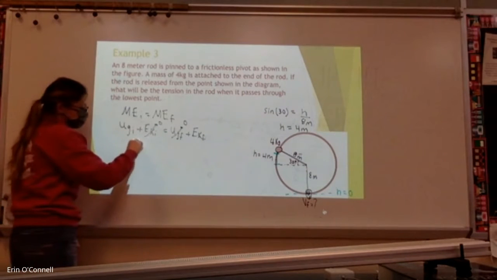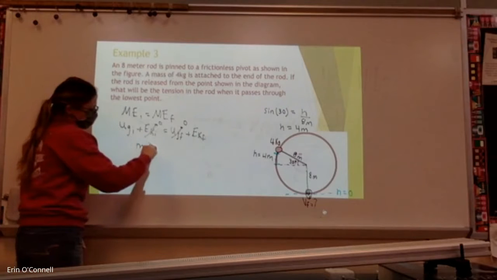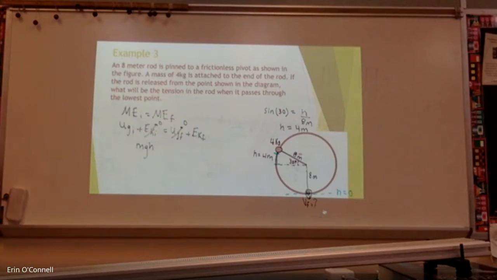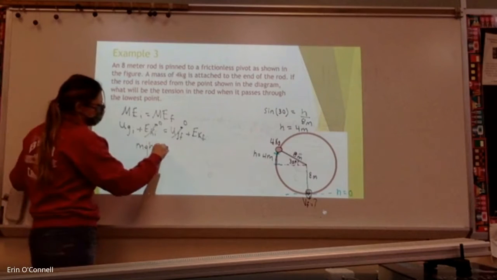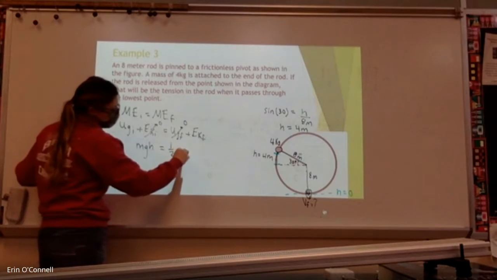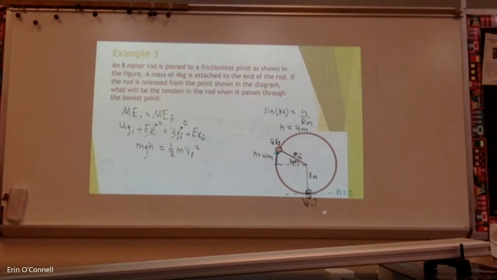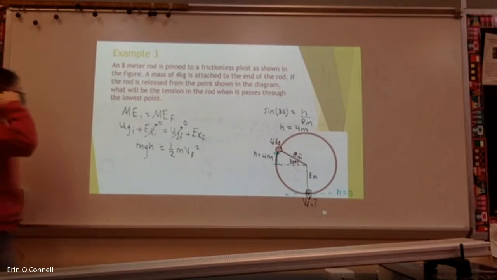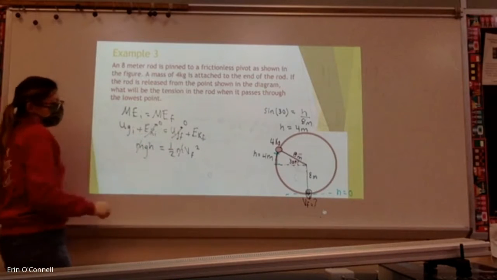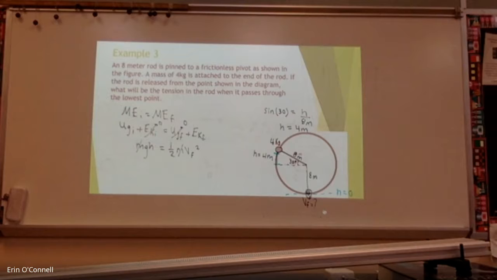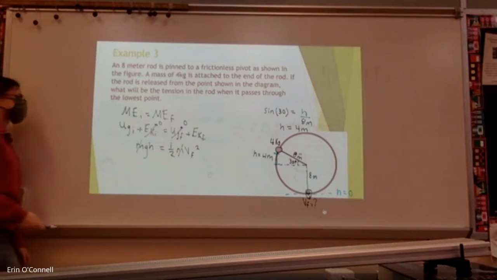So our initial potential energy, m times g times h, is going to be equal to 1/2 mass times the final velocity squared. We are given the mass, but we technically don't need it for the energy segment of the problem. So now we just plug in.